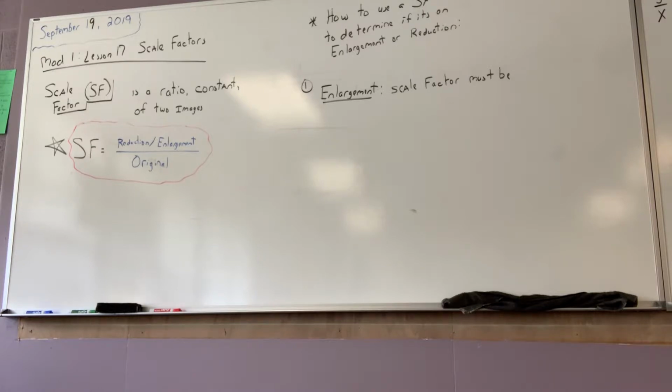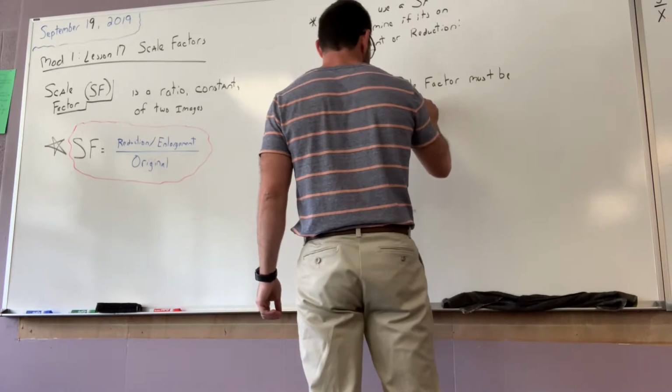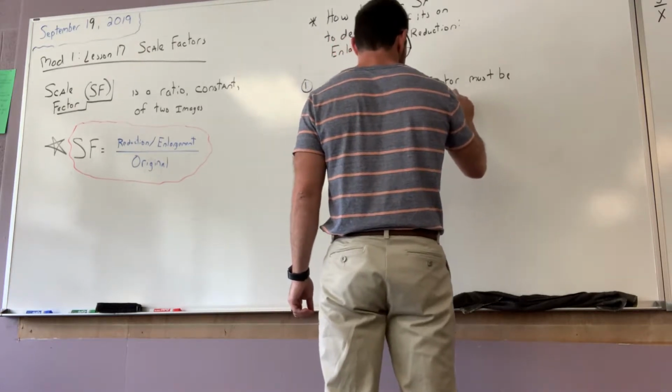So here's one of our scale factors. It was 2 over 1. Keely, what do you think? Not quite. Good guess. Okay. Tippy. Greater than 1. There you go. So the scale factor must be greater than 1.